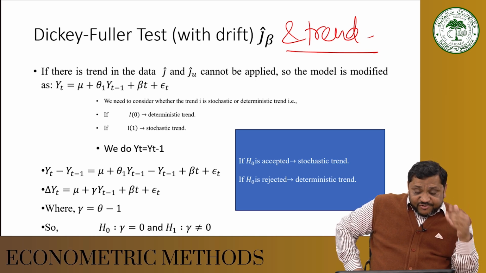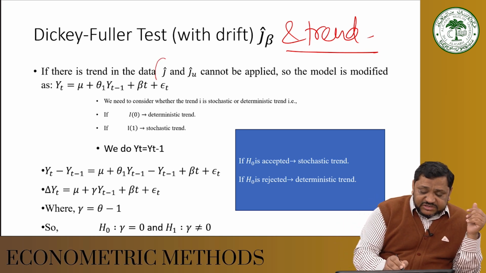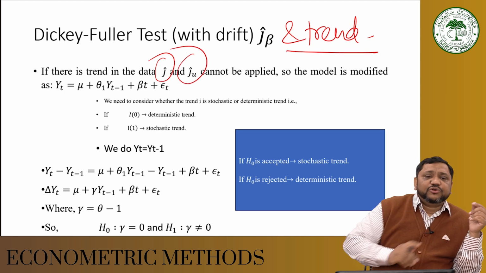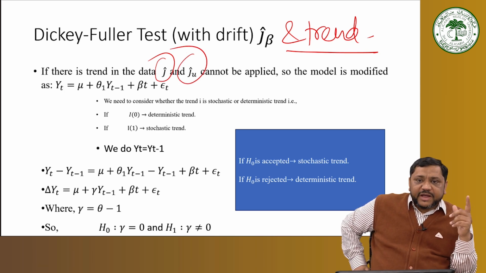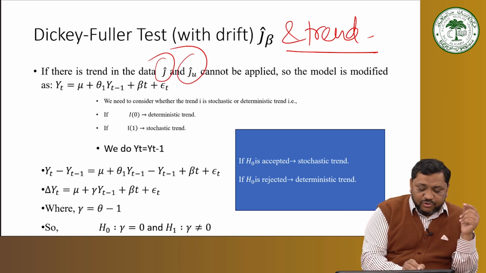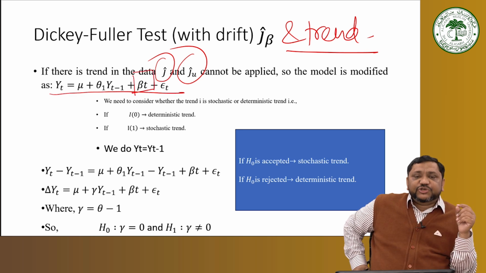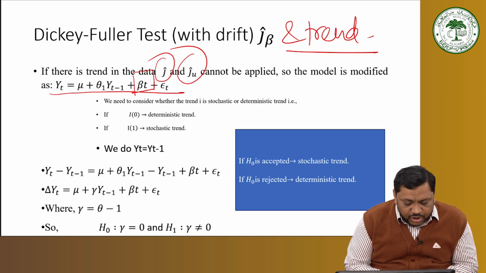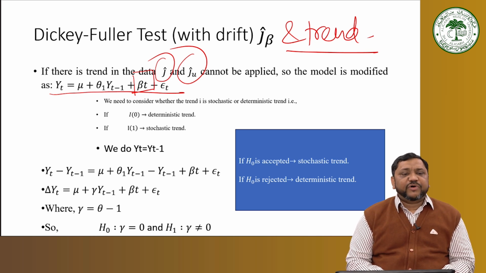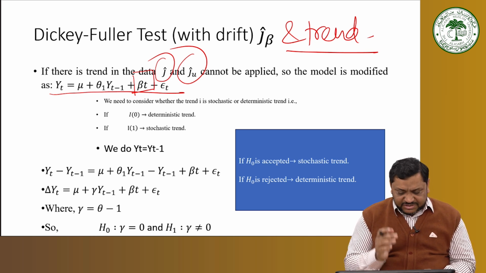If there is a trend in the data, the first tests of tau and tau mu cannot be applied. So you have to modify your model in this format where you incorporate a trend element: mu plus theta 1 yt minus 1 plus beta t plus epsilon t.